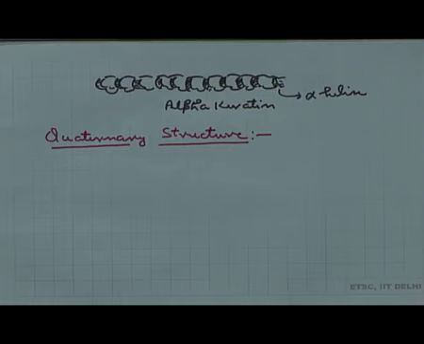The individual chains are called subunits, and how they are arranged with respect to each other is important.